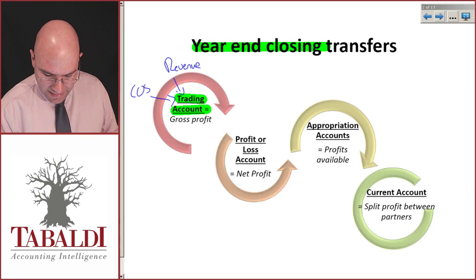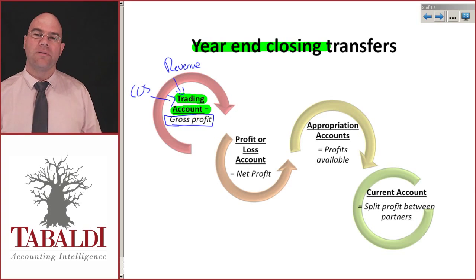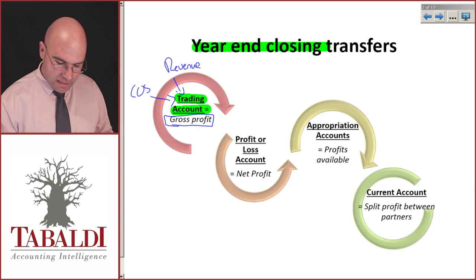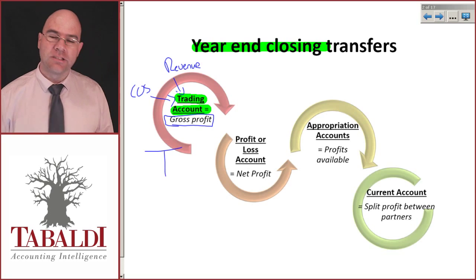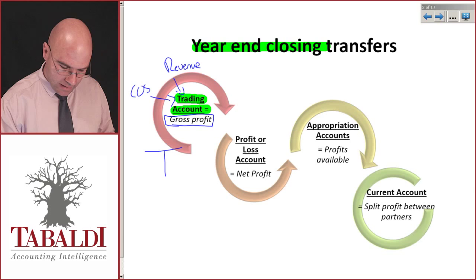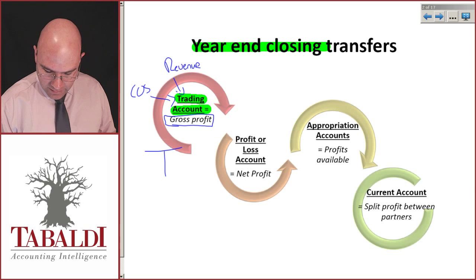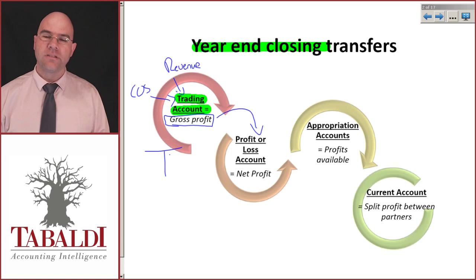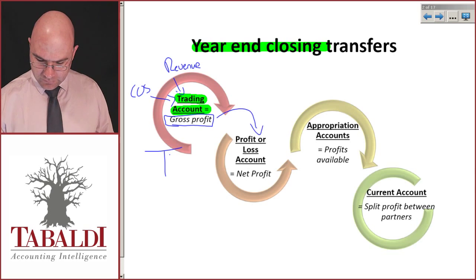At the end of all of this, you will land up with a figure that will give you a gross profit balance. So you'll work out your general ledger and you'll have a nice balancing figure, okay? And that balancing figure will then come out and go into the profit or loss account.